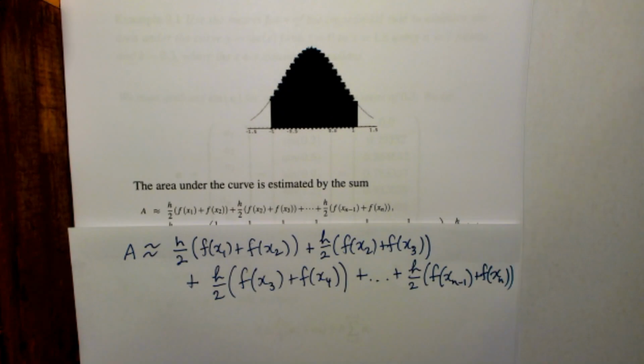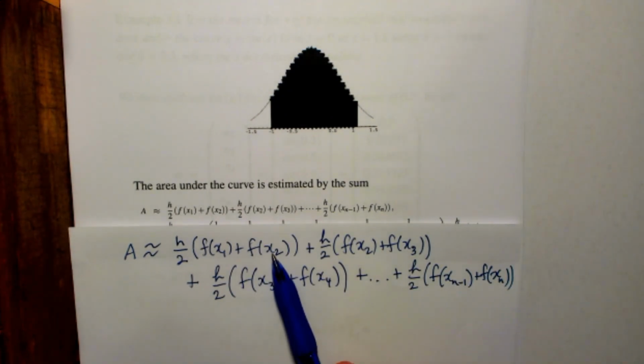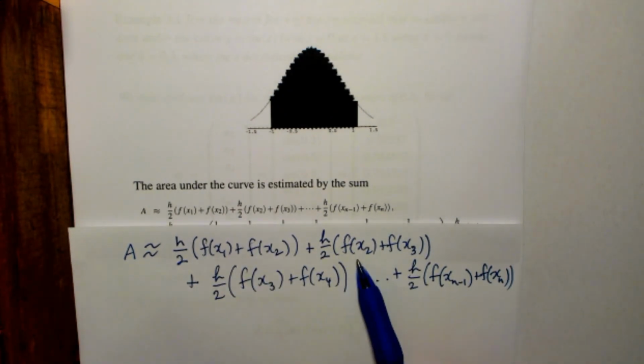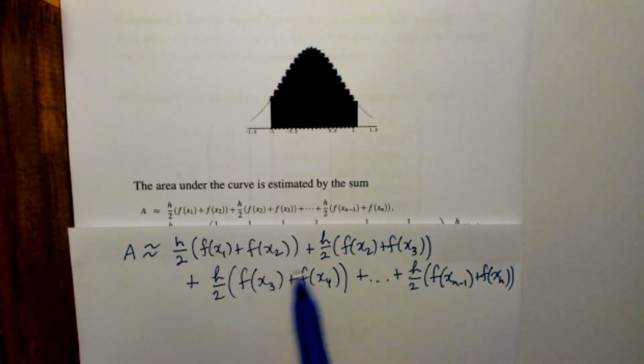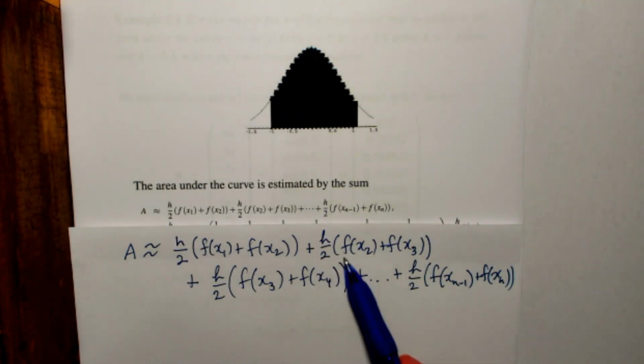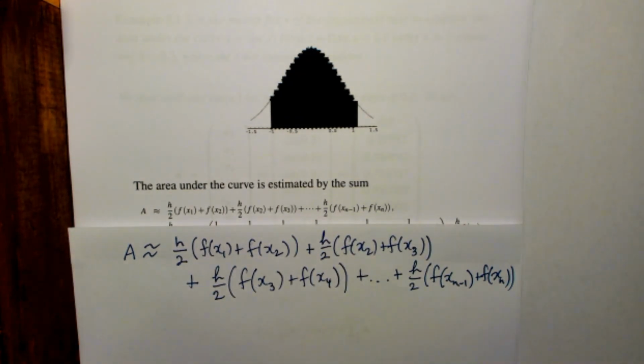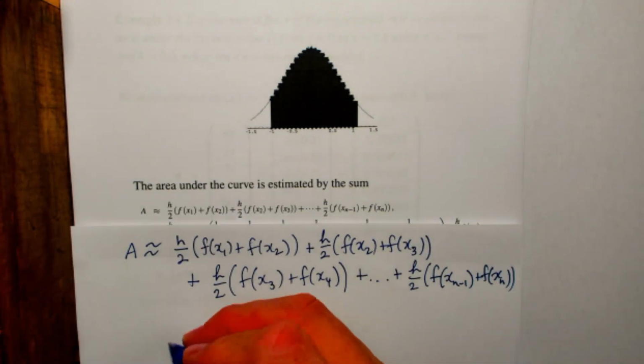Okay, now you can see that we have an f of x2 here and we have an f of x2 here. So if we were to expand, or first say factorize the h on 2 out and then look at what we have remaining inside the bracket.